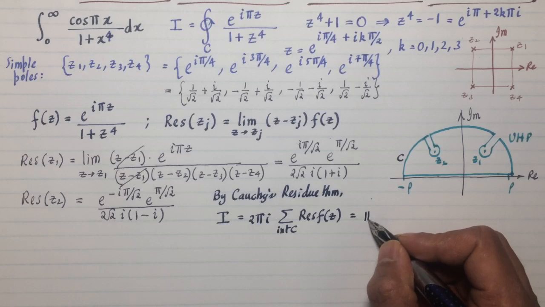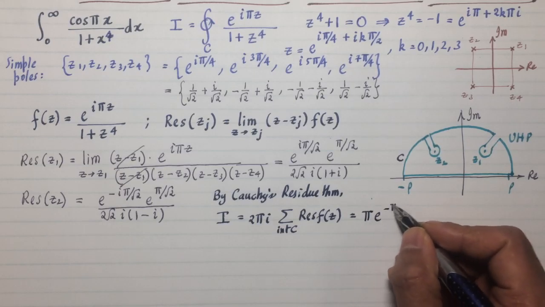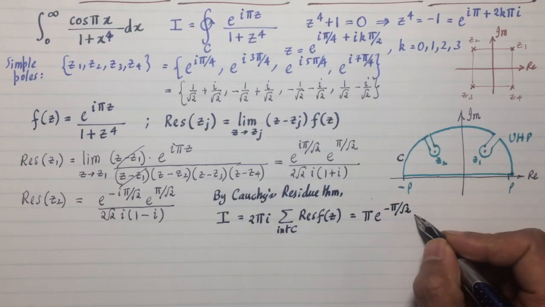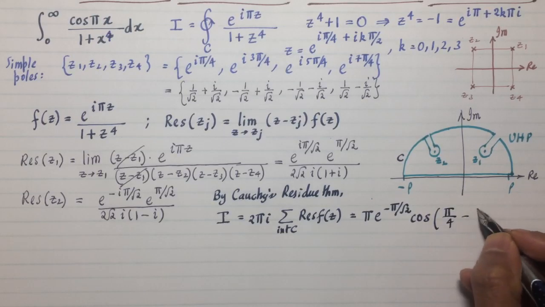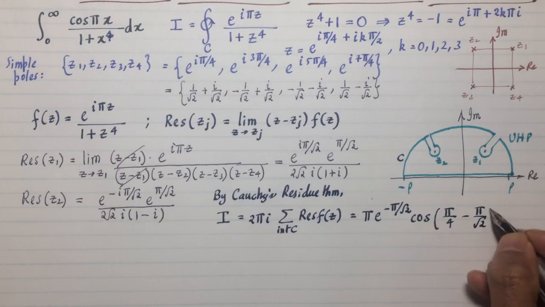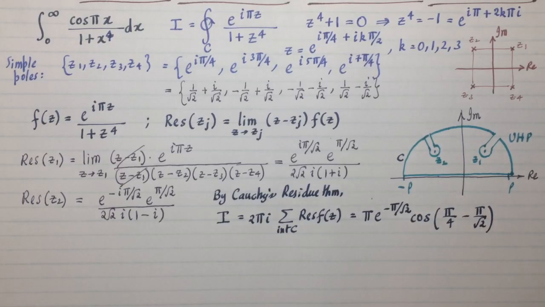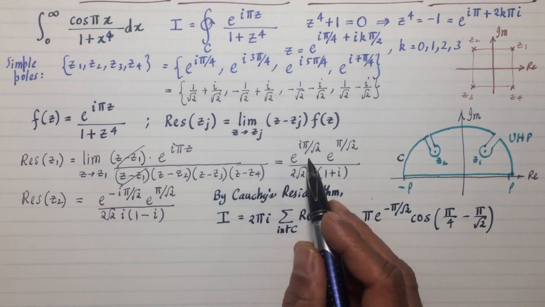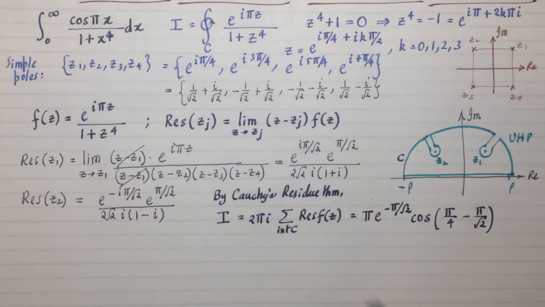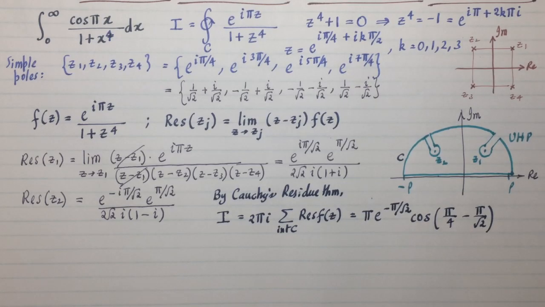You'll end up getting pi e to the minus pi over root 2 times cosine of (pi over 4 minus pi over root 2). It's a good exercise for you to try this. You have to use Euler's formula and then the formula for cosine of a plus b to finally simplify it to this form.